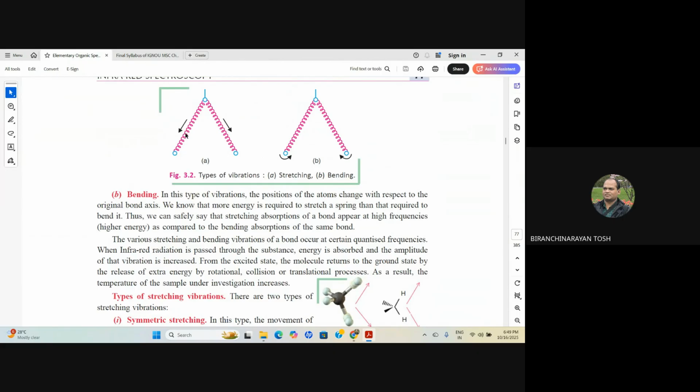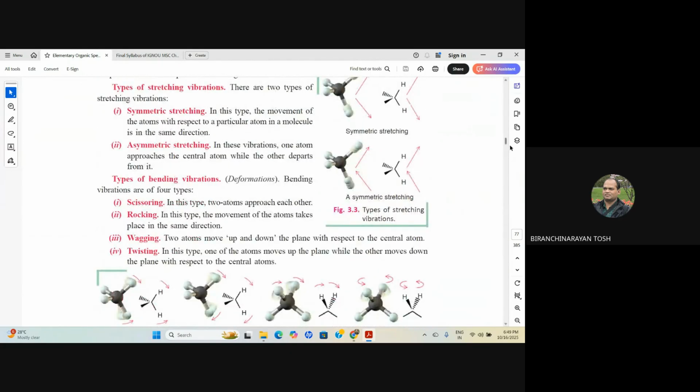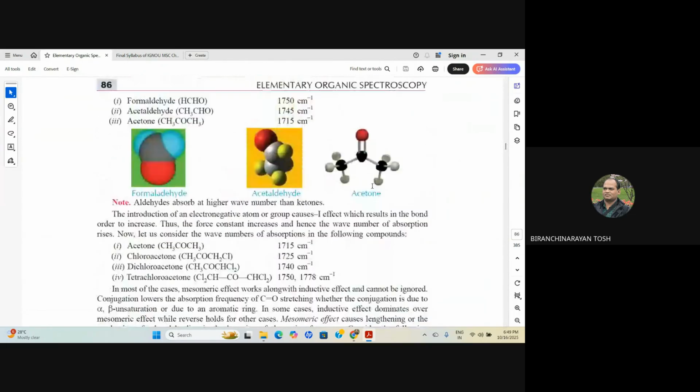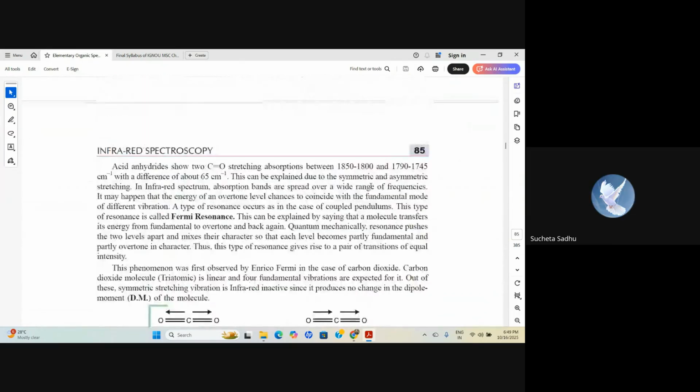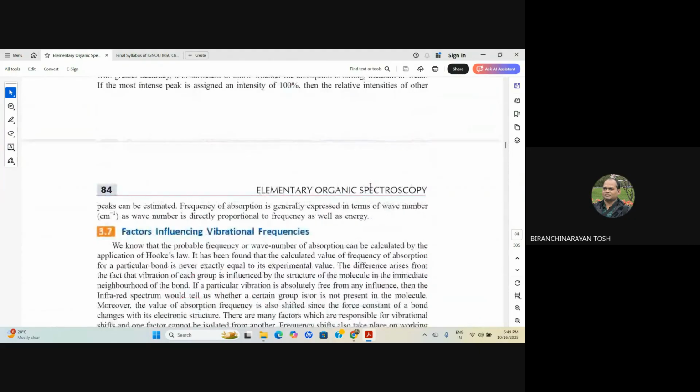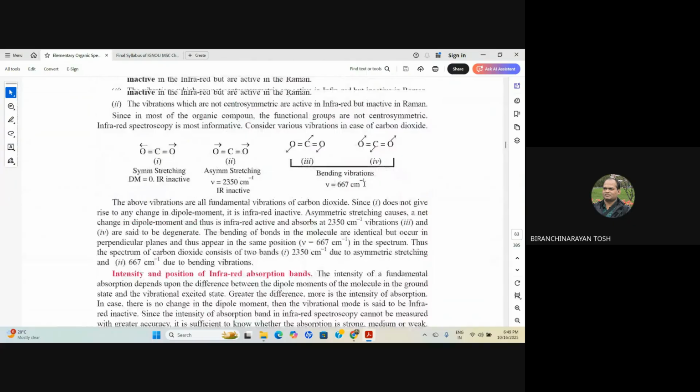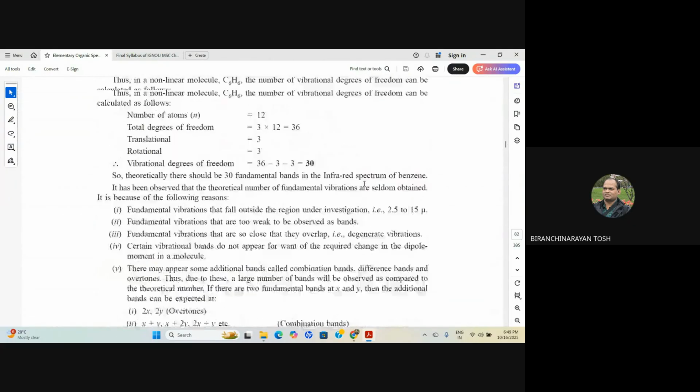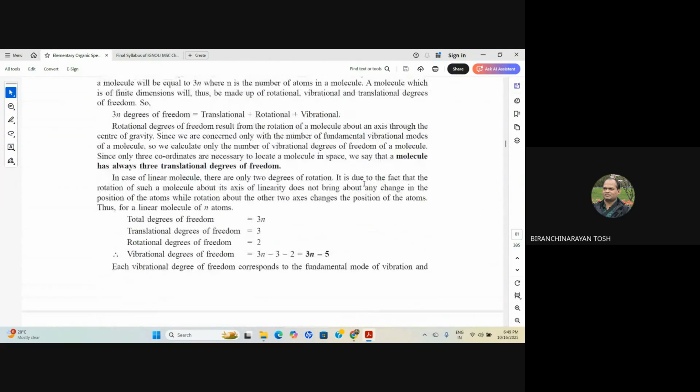Two rotational degrees of freedom, three translational degrees of freedom, and the total degrees of freedom will be 3n, where n is the number of atoms present in the molecule. Would you follow? So the total degrees of freedom equal 3n, which is the sum of translational, rotational, and vibrational degrees of freedom.